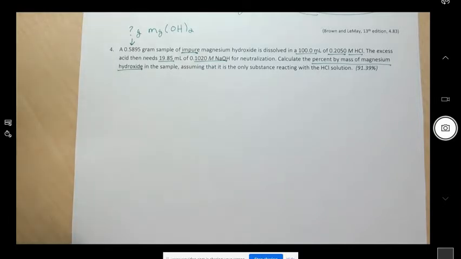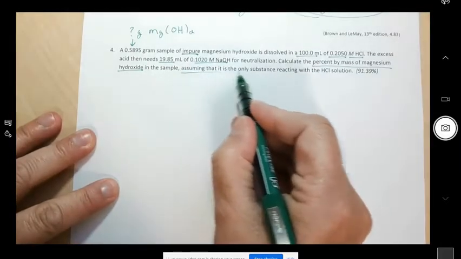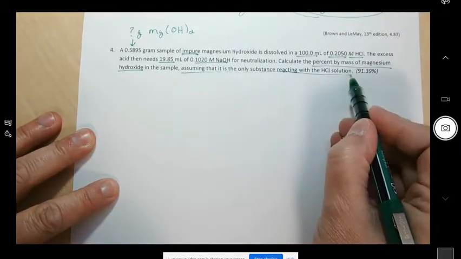Some of it was something else. We don't know what. It just says is impure. They don't tell us what that impurity is. So they also have to kind of preempt this with assume that it is only the substance reacting with HCl solution. So they're saying assume magnesium hydroxide is the only thing in that impure sample that's going to react with HCl. So got a lot of stuff going on in this one.